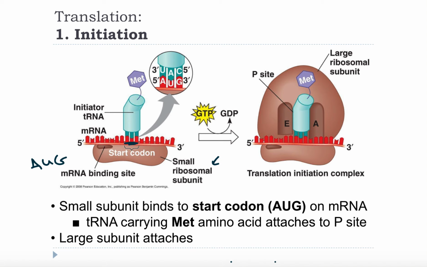That initial structure between the methionine tRNA, the mRNA, and the lower bottom part of the ribosome is going to induce the large upper part with the 3 sites, the A, P, E sites, to clamp on.